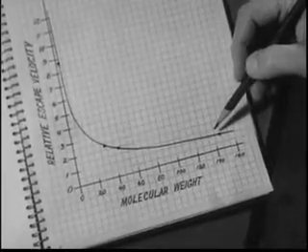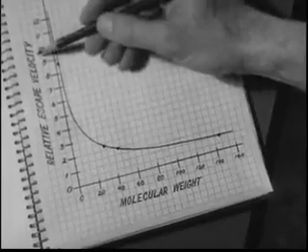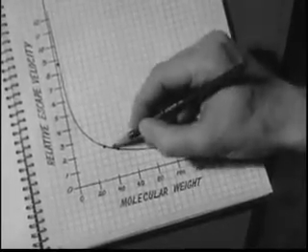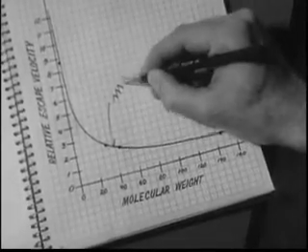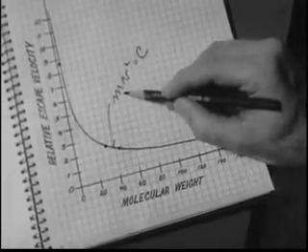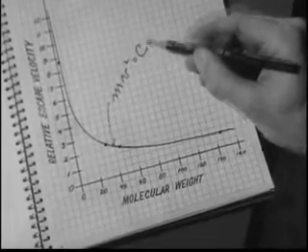In fact, data for all gases would lie on this same curve at this temperature. There is indeed a relationship between molecular velocity and molecular weight. Further examination of these data would show that they fit the equation m times v squared equals c. Molecular weight times molecular velocity squared equals a constant at constant temperature.